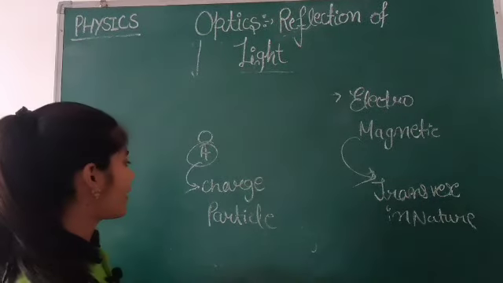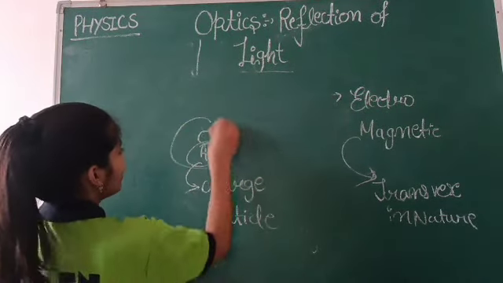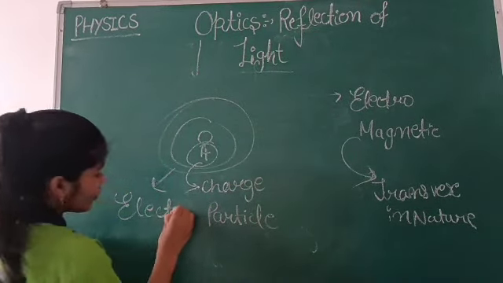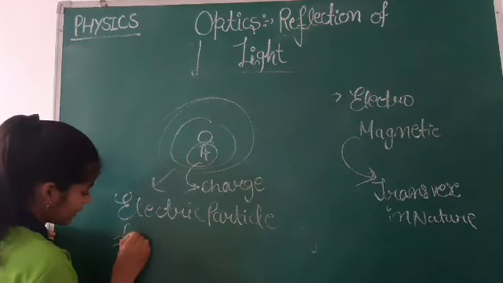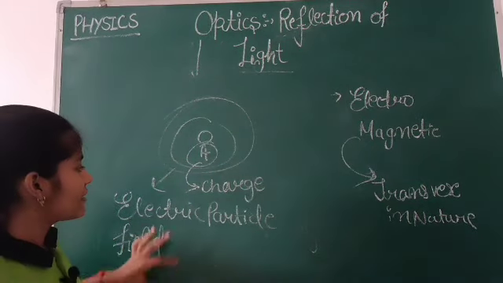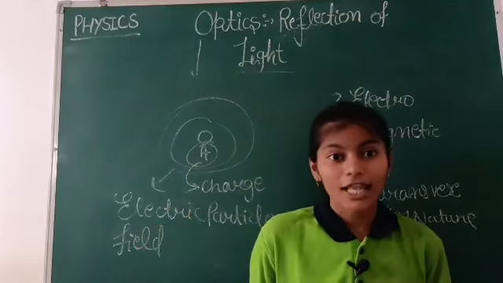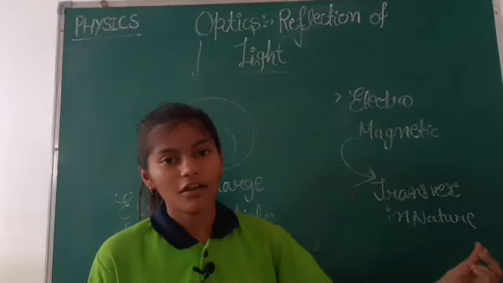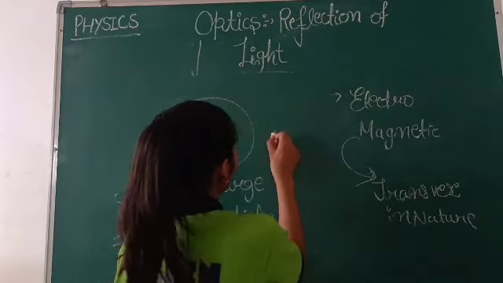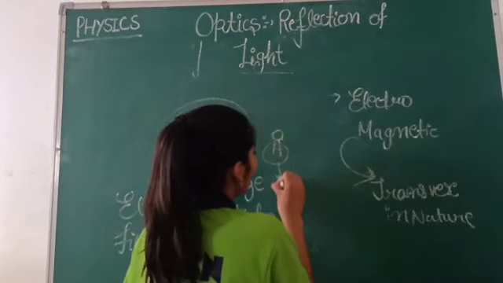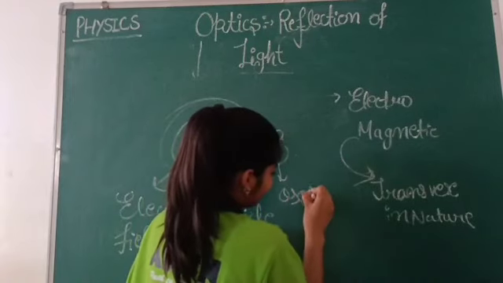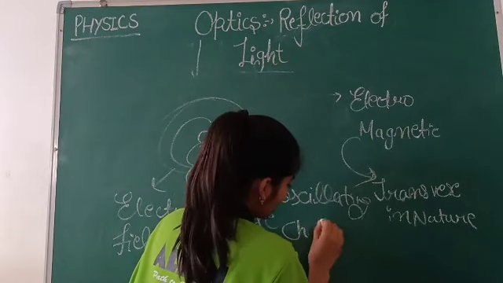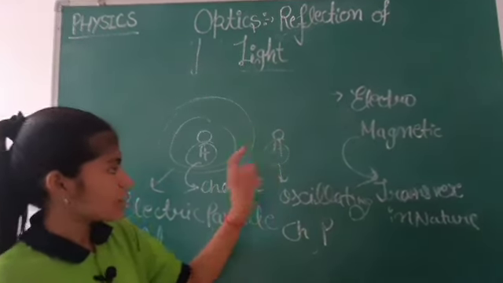So this stable charged particle A is developing an electric field around it. Now if this charged particle A has movement, if it is oscillating, what will happen? We have an oscillating charged particle.